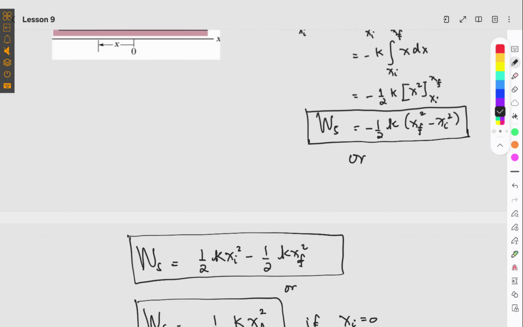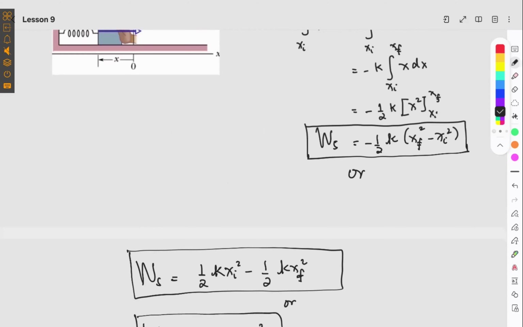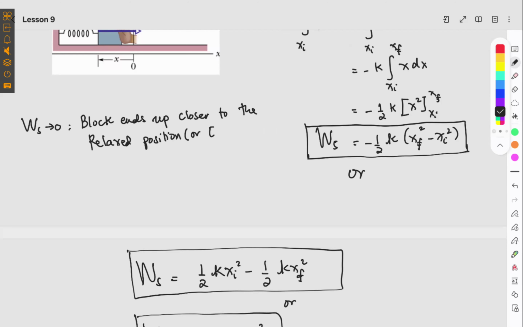So basically what we are saying here is that when Ws, the work of the spring, approaches 0, what we mean is that the block ends up closer to the relaxed position or equilibrium position.